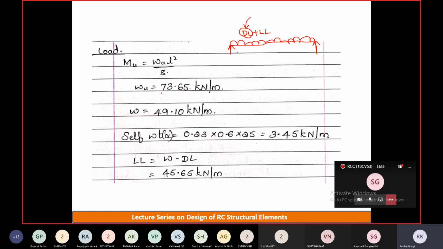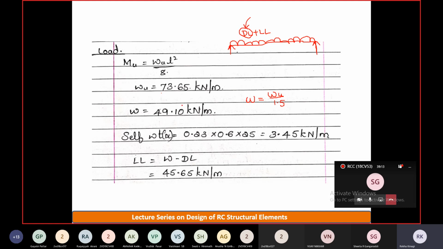Once we get the total factored load, I can divide this value by 1.5, the partial safety factor, so W is equal to Wu divided by 1.5, which will give us 49.1 kilonewton per meter.